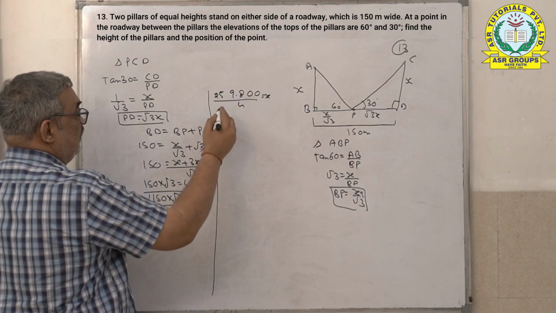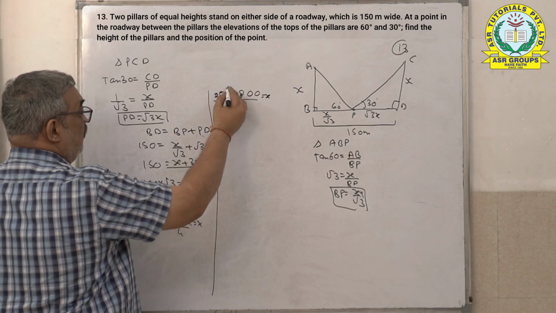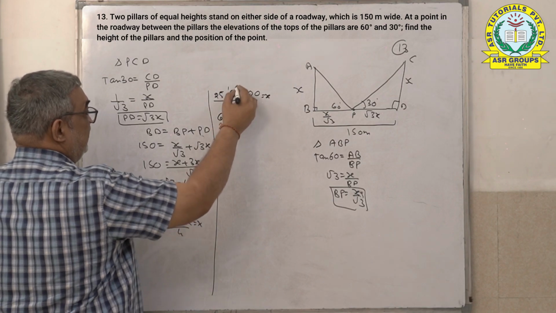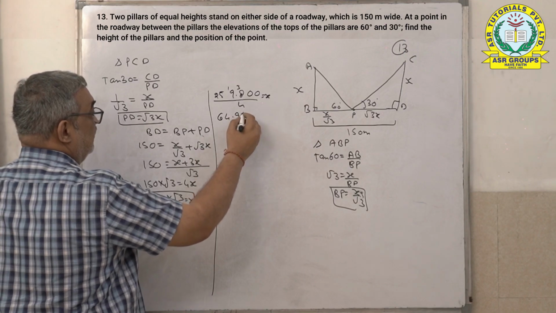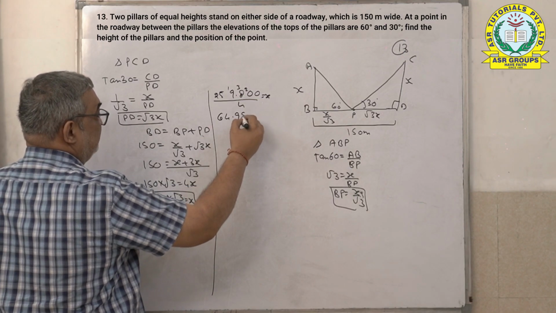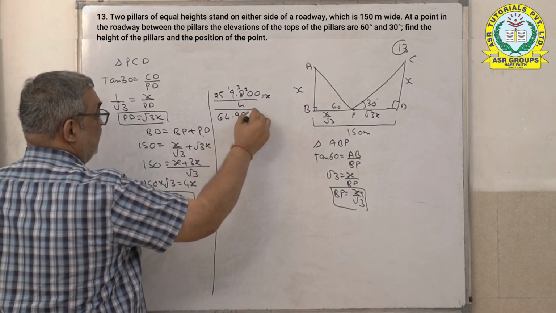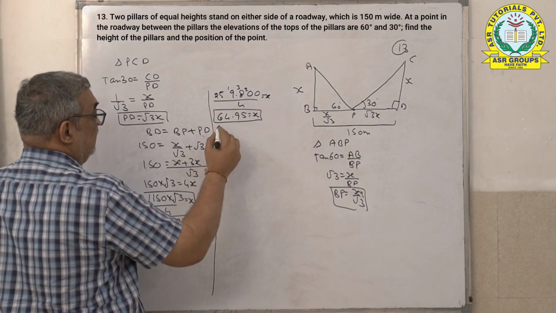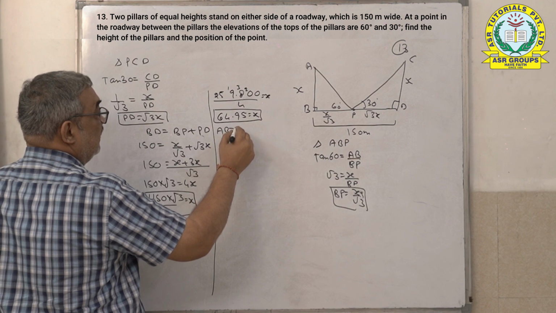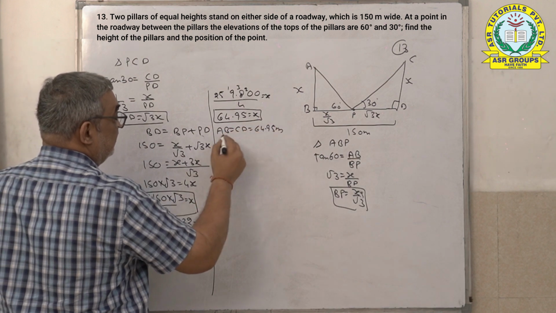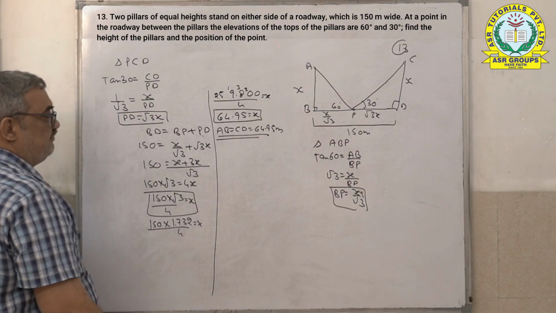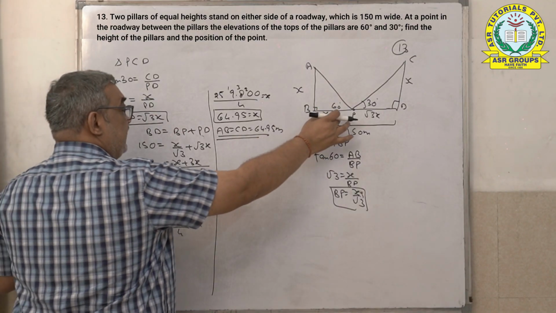Now divide again. 4 6s are 24, 4 4s are 16, 4 9s are 36, 4 5s are 20. So I got the x value, which means the height of the pillar is 64.95 meter. I want BP.